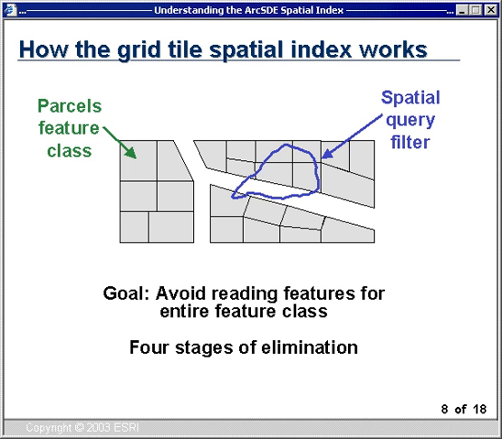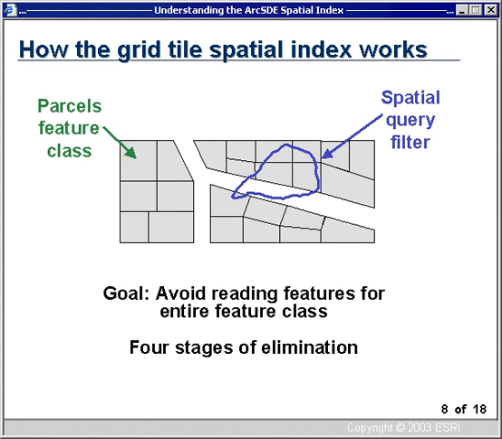So in this example, we want to find all of the gray shapes that intersect the blue shape. That blue shape could be a selection from another feature class, a graphic we've drawn on the screen, or a zoom window that we've delineated. Any shape like that is going to represent our spatial query filter.